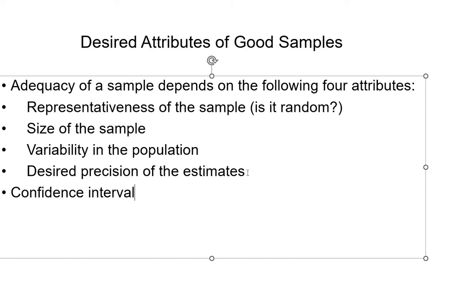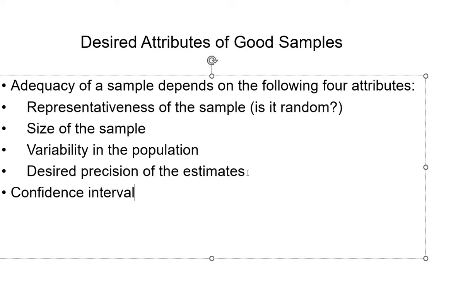So if you estimate your confidence interval at 95%, then it means that your level of significance will also be 5%. If you estimate your confidence interval to be 97%, then it means that the level of significance is expected to be 3%. So these are the key attributes that we have to consider when we want to determine sample size.